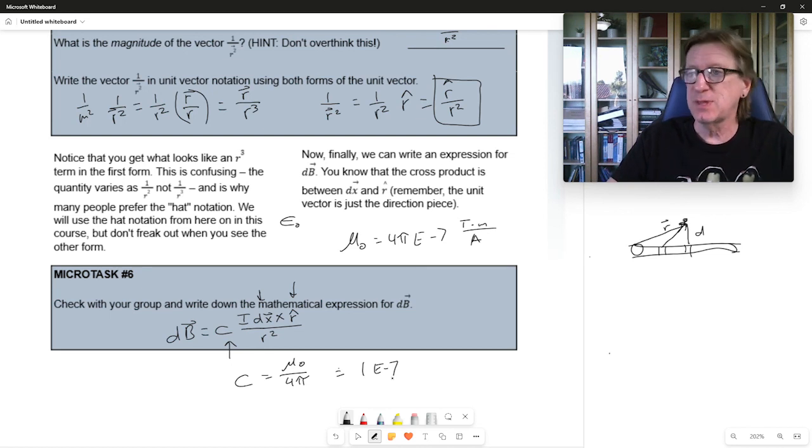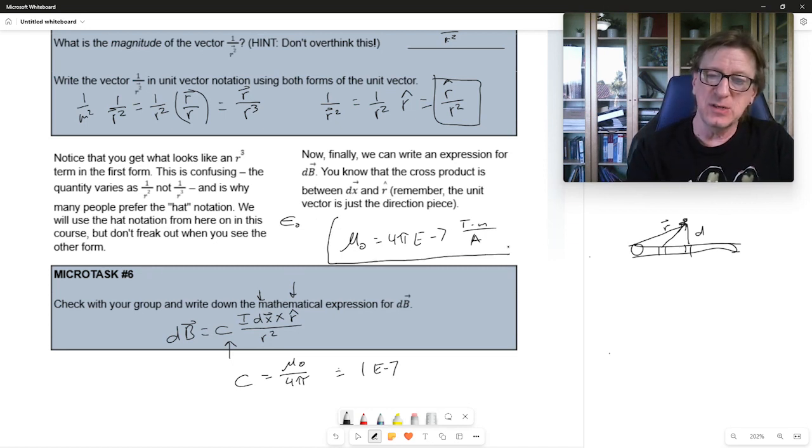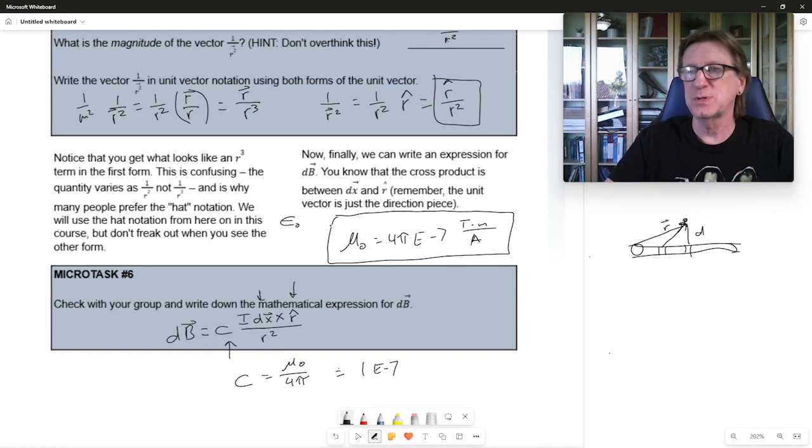However, because of some of the integrations we're going to do later, we're going to find that that 4 pi, if we keep it there, is going to end up canceling out. It's going to help us keep up with a lot of things a lot easier. So instead of writing it as just 1e to the minus 7, we're going to keep it as mu 0 over 4 pi. But then this is a new constant that you should add to your flipbooks and you should have available along with all of the rest of them. All right, let's go to the next page then.